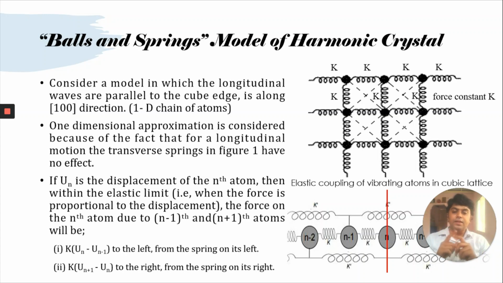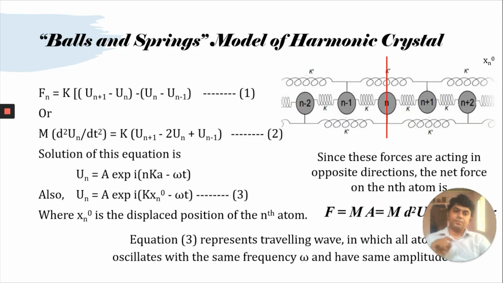I repeat again, within the elastic limit. Now, if the energy is provided to the left side, I can consider it as k times, where k is the spring constant, u of n minus u of n minus 1 on the left side, and towards the right side, k times u of n plus 1 minus u of n.